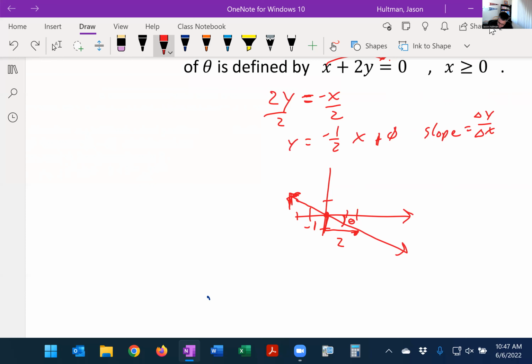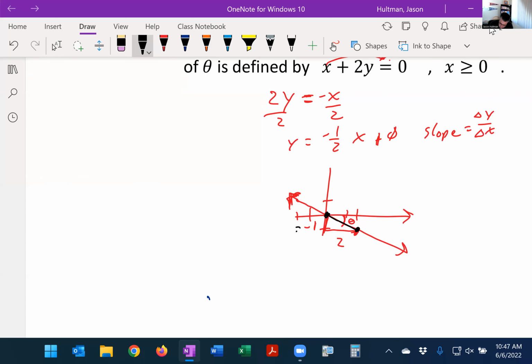And so we want to know what's R here. I'm going to use two points that I found on the line to calculate R, and this is going to be R right there. We already know what x and y are. Y is -1 and x is 2.